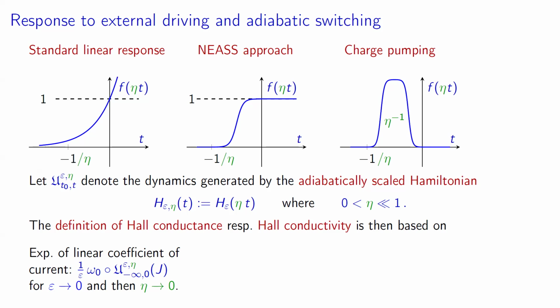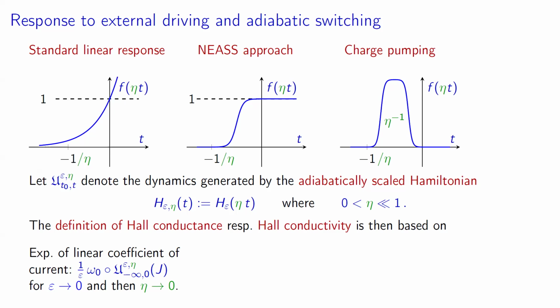When you do standard linear response theory, which leads to a formula called Kubo's formula, you use such a switching function, and then you compute the expectation of the linear coefficient of the current response. I will explain in detail what this is.